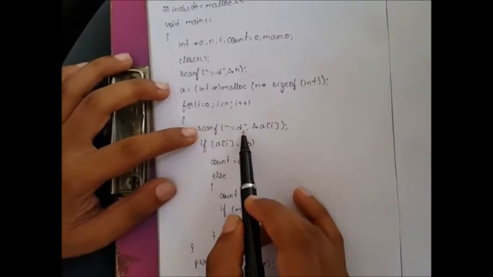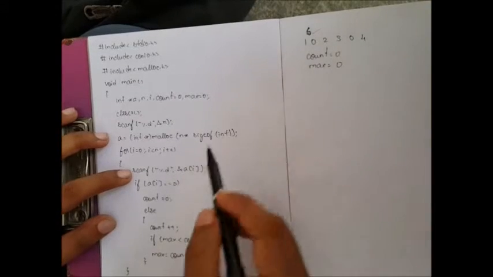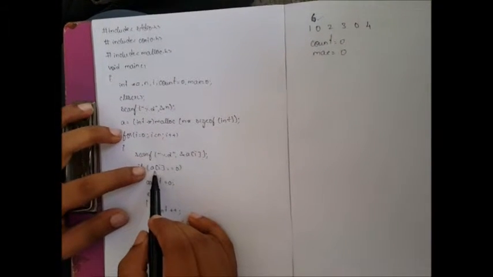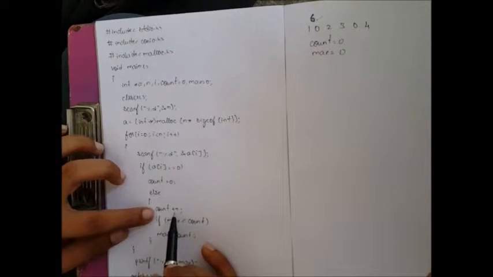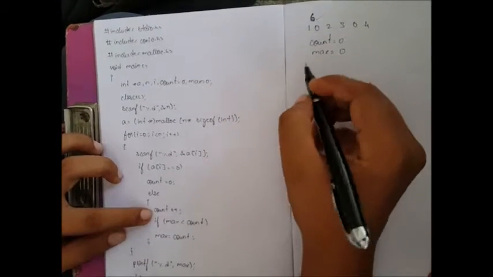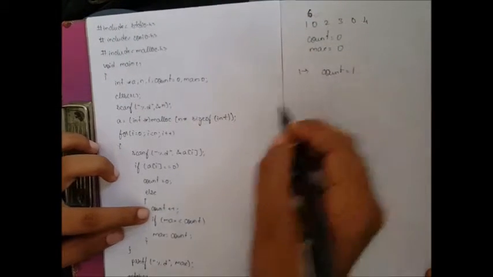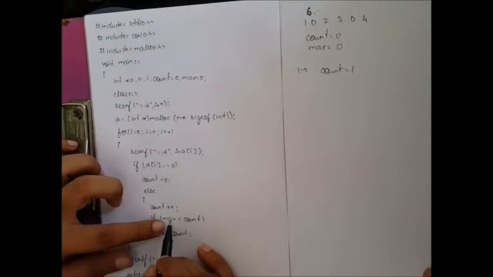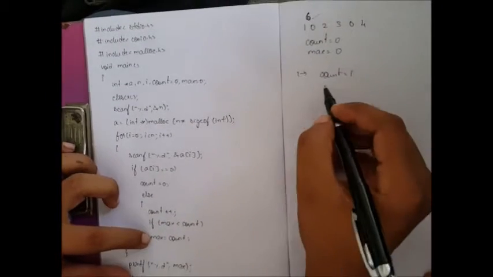First we scan %d, that's a of i. Here a of i is 1. So a of i is not equal to 0. So count plus plus, count equal to 1. Max is 0. Max is less than count, so max would be equal to count.